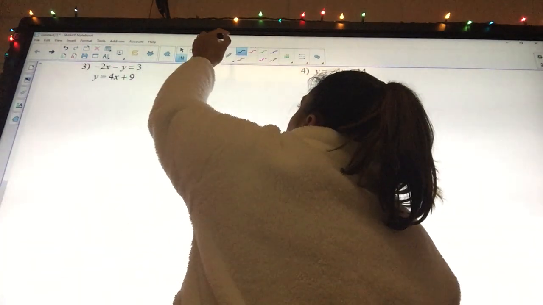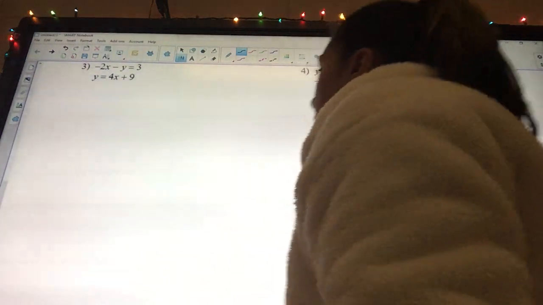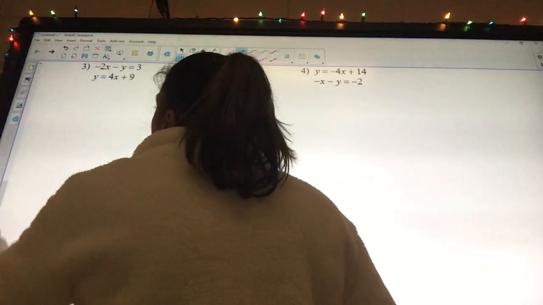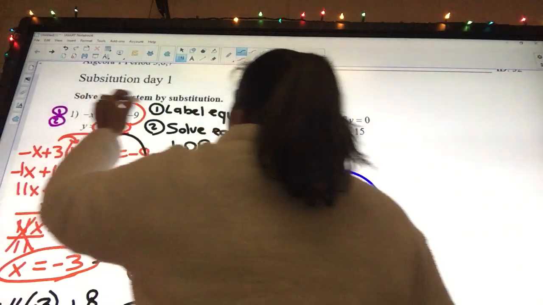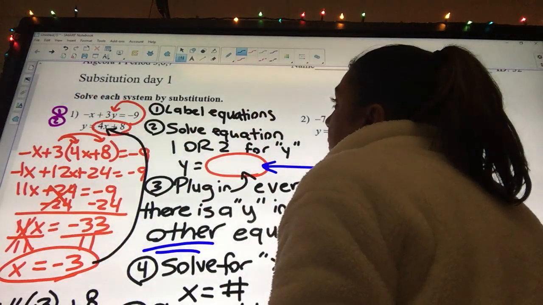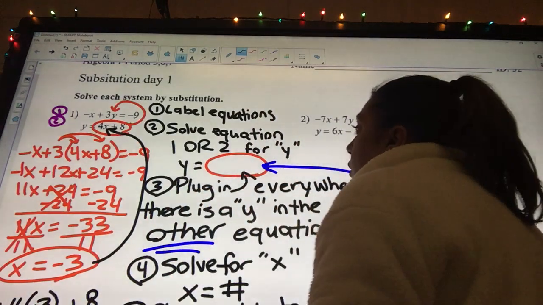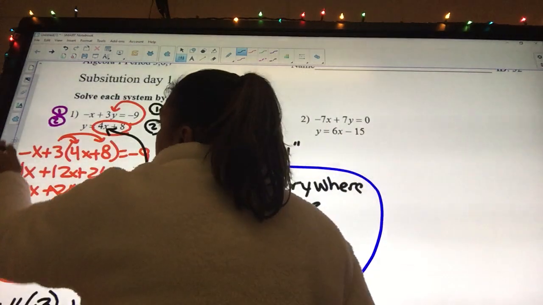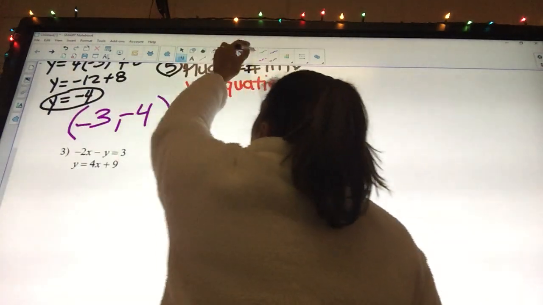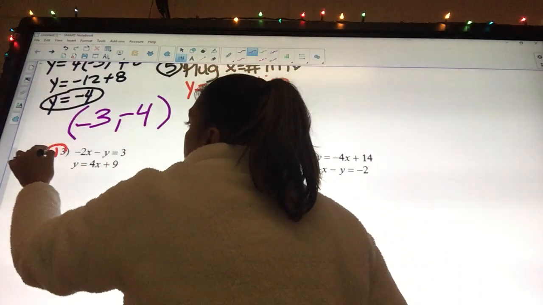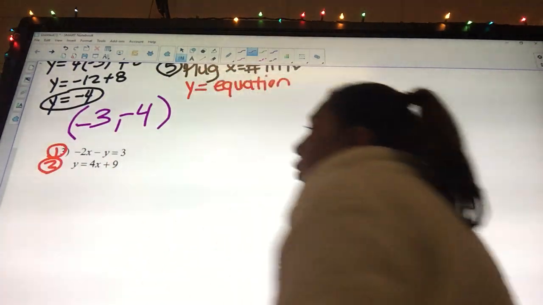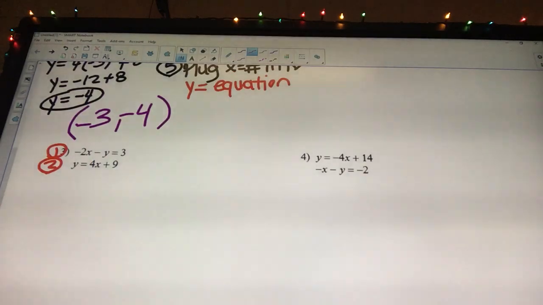So let's look at number 3. I wish I could copy and paste this. So my very first step is to label. And then it says solve equation 1 or 2 for y. So we're going to label. I've got equation 1 and equation 2. We're going to solve one of them for y.